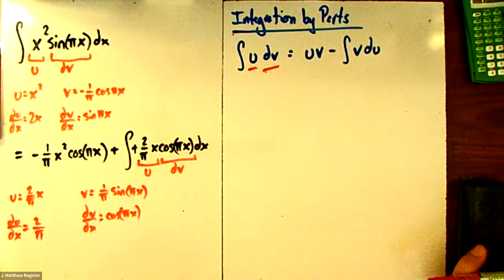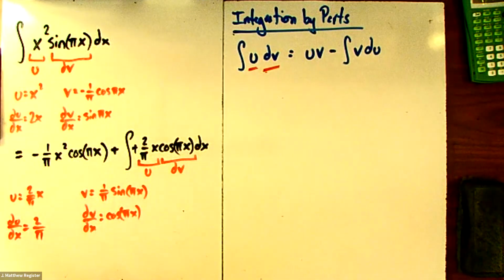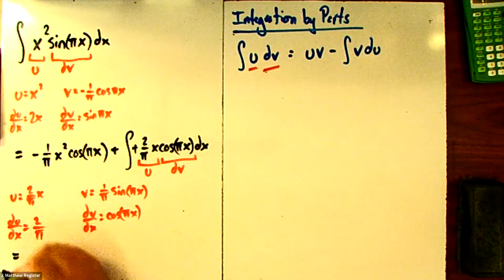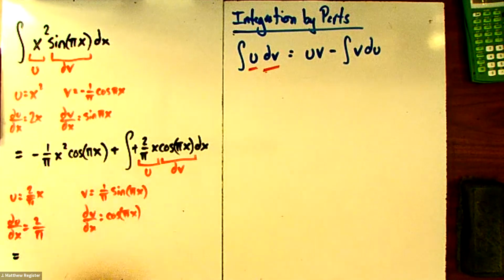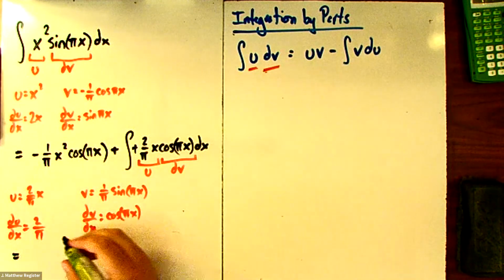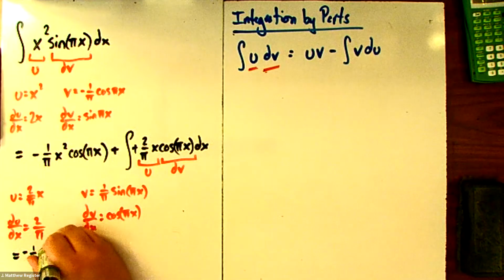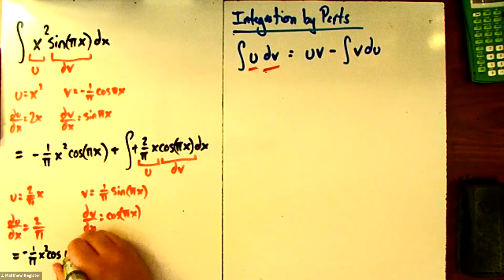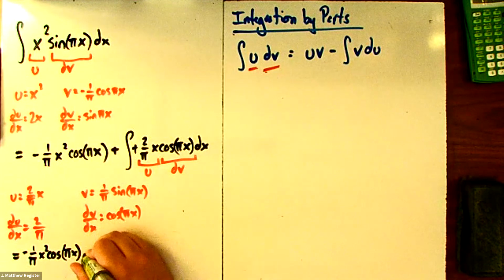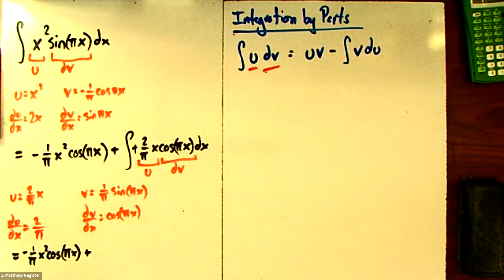And so let's rewrite this now. And so this is equal to, this first term, like I said, is just going to hang out. So it's going to be the negative 1 over pi x squared cosine of pi x plus, now it's our integration by parts.